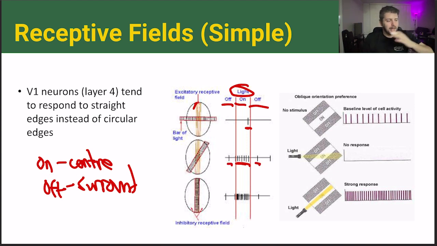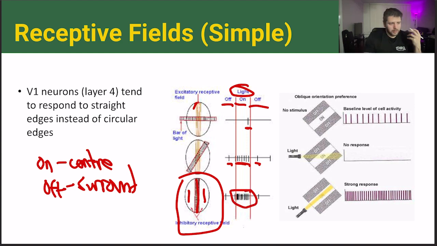Then when we align the stimulus bar, the bar of light, with the excitatory receptive field here, because there's an absence of light at the side and light is present in the center, in the on center off surround neuron, we start to see this firing here. And this is a successful detection of a stimulus that the neuron's receptive field is tuned to detect.